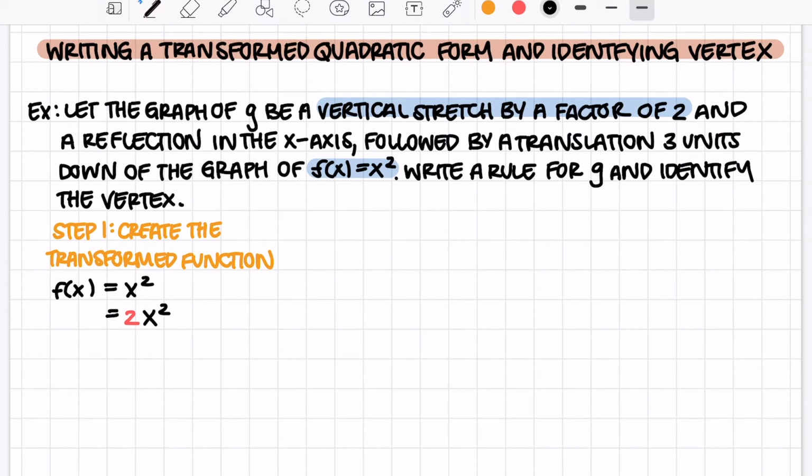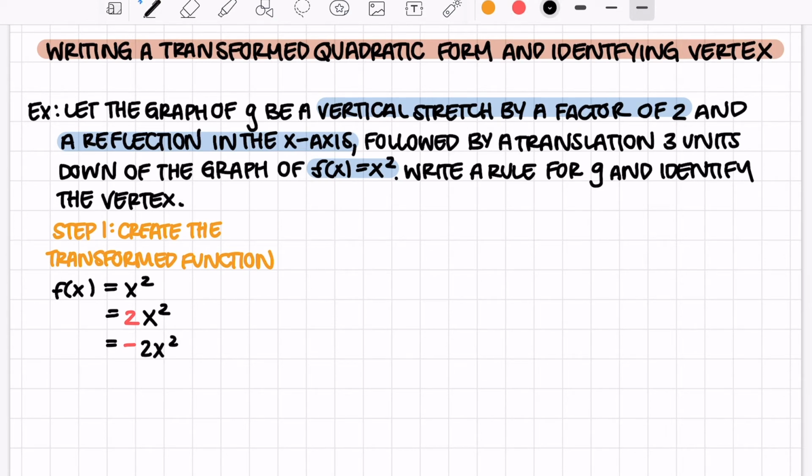And then it says later on that we have a reflection on the x-axis. Again, if it's a reflection on the x-axis, I am going to multiply a negative sign to the outside of the function as well. So I get here negative 2x to the power of 2.